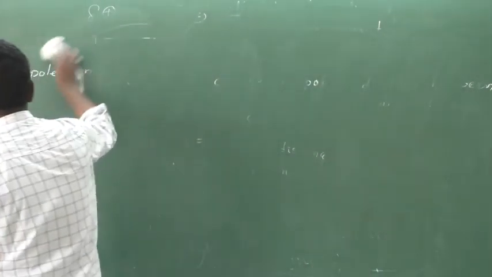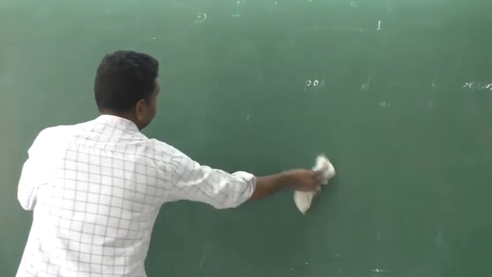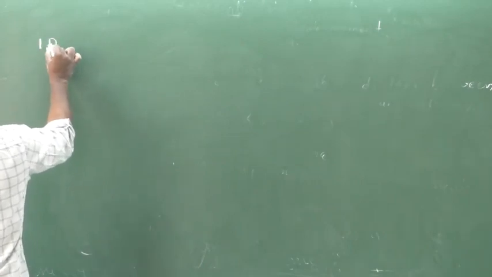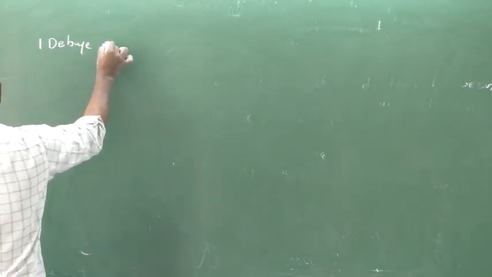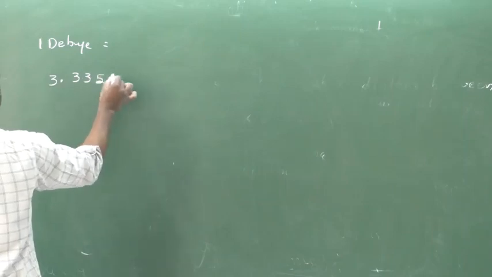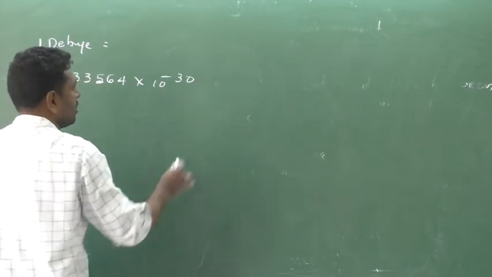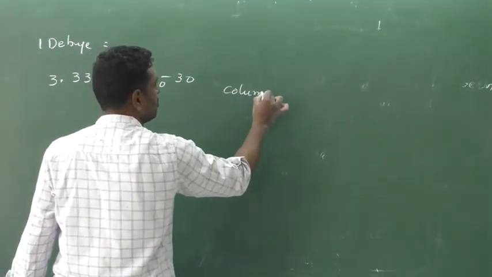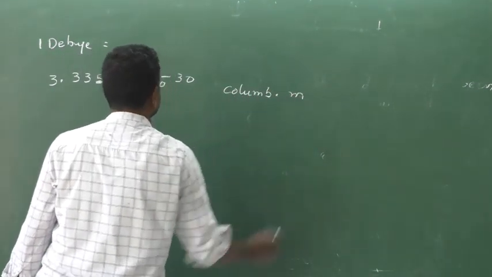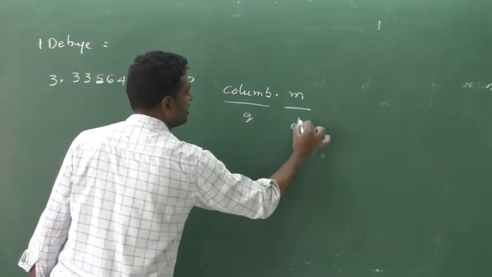One dipole equals 3.33564 into 10 power minus 30 coulomb meters. Coulomb for Q, meter for distance.